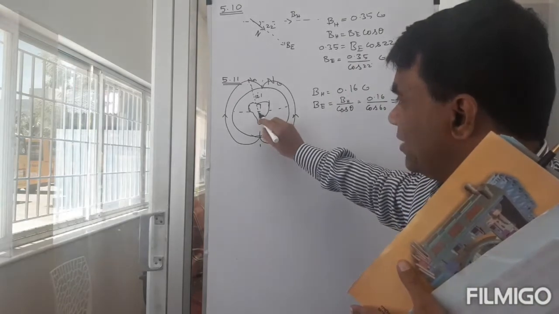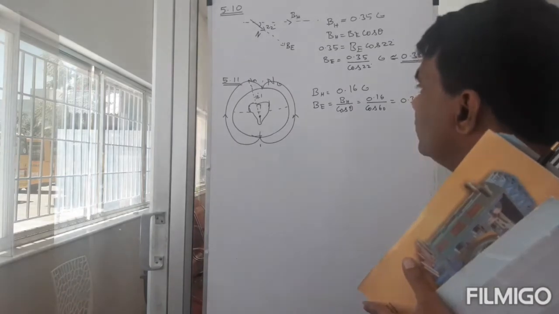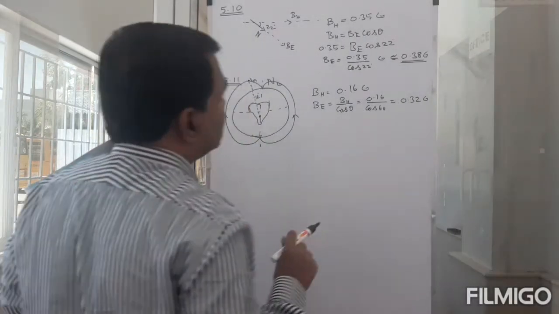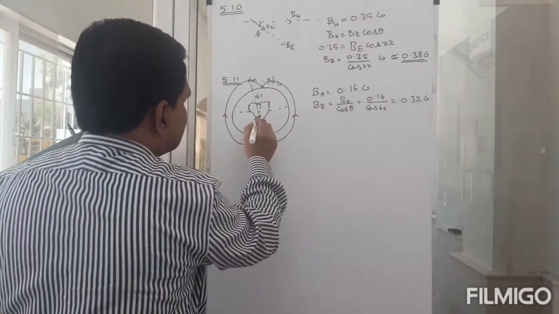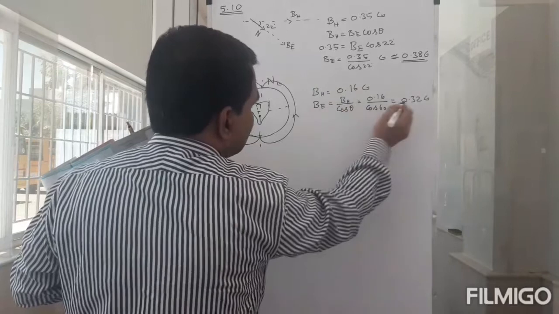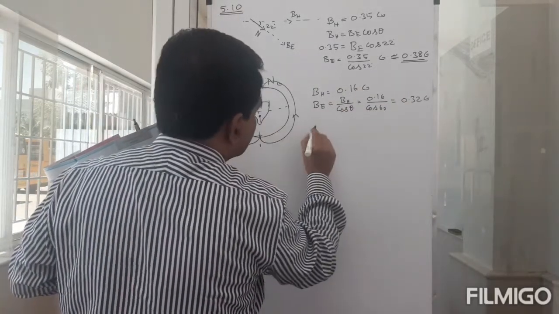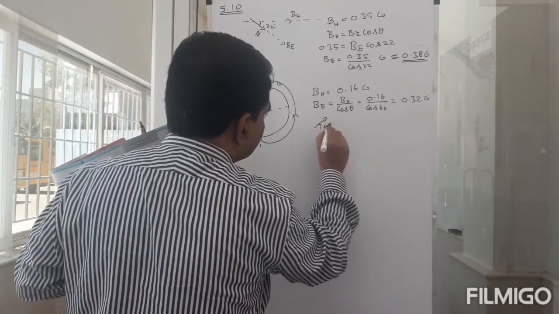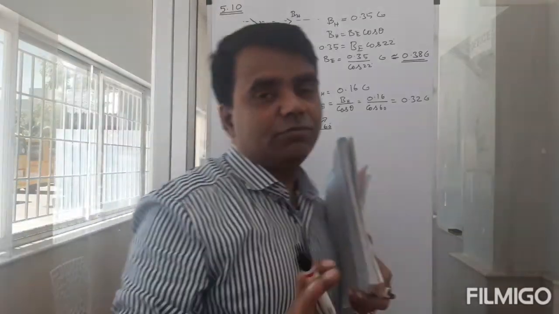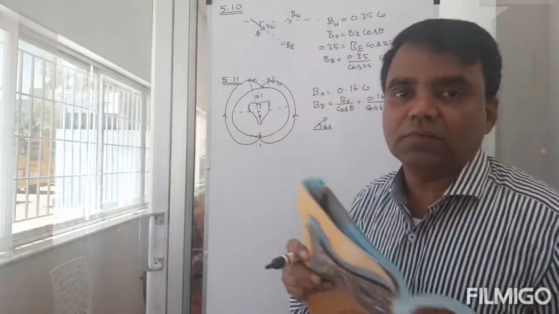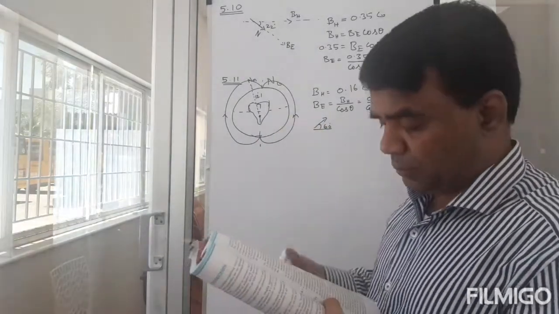So here the value is given 0.32 and it will be up, 60 degrees up. So that is how you figure this thing out. Hope this is clear to you. Think about it a little more.